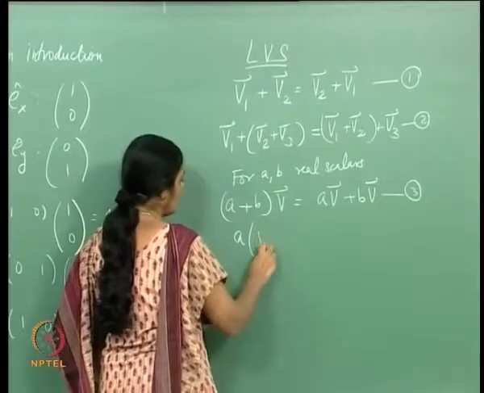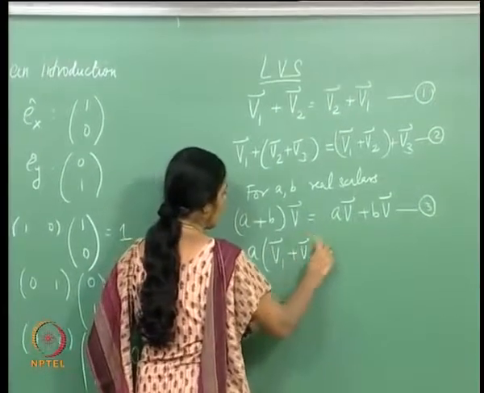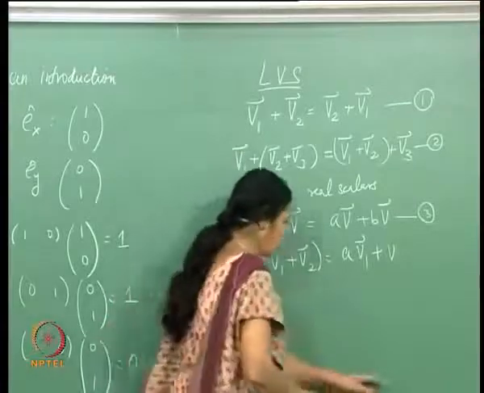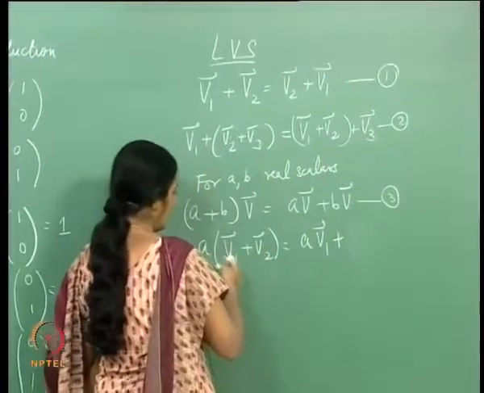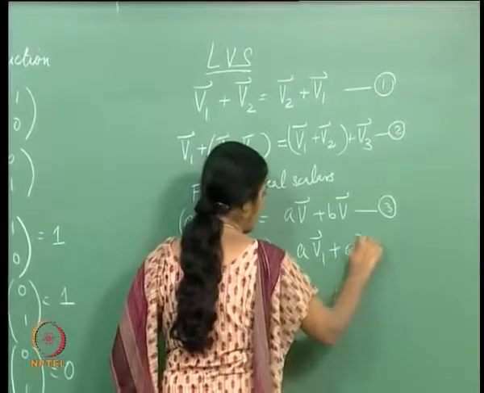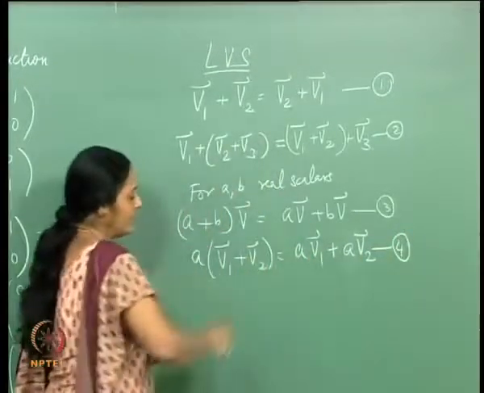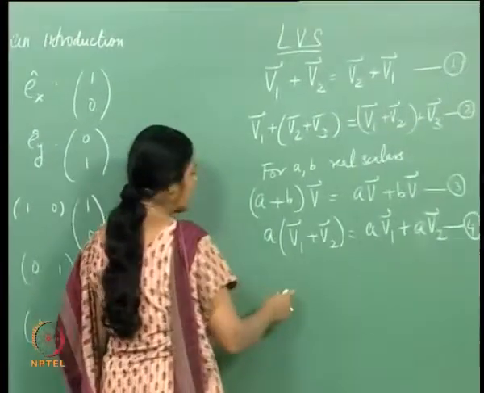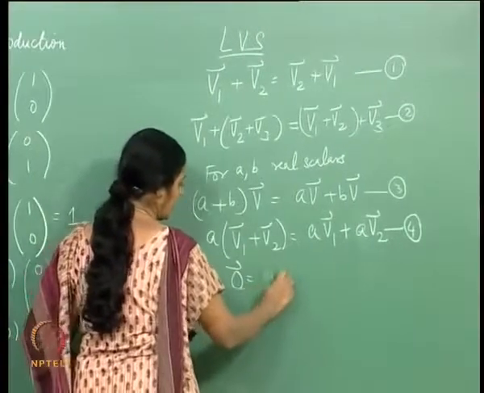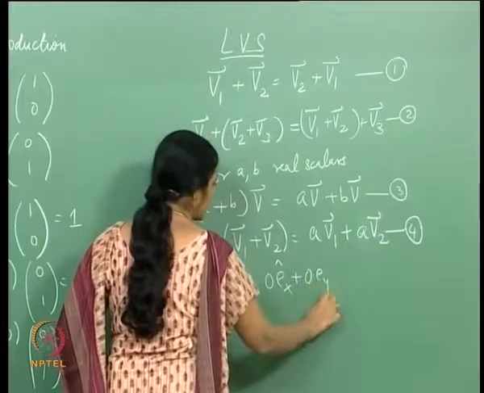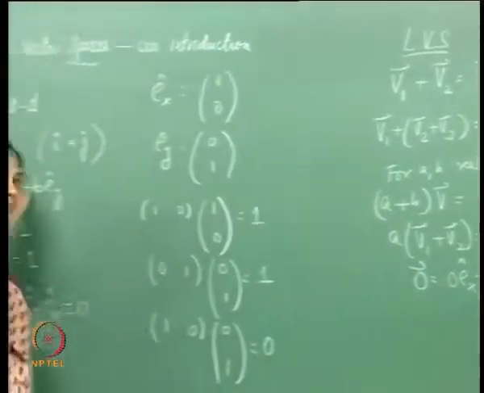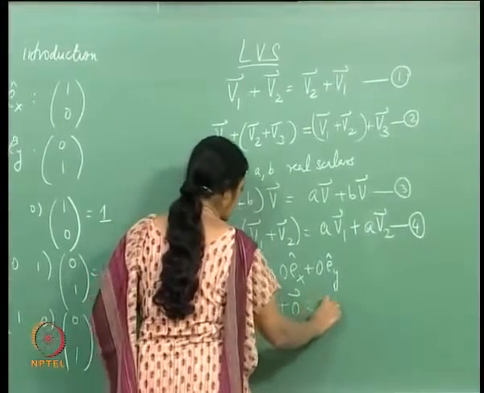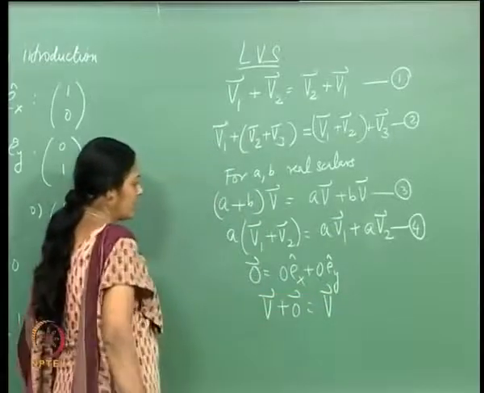And then of course, if I have two vectors v1 and v2 and I multiply the addition of the two vectors with a, that's the same as a times v1 plus a times v2. I can define a null vector. I define it as 0 Ex plus 0 Ey in this example of R2, and any vector added with 0, the null vector, gives me the same vector.